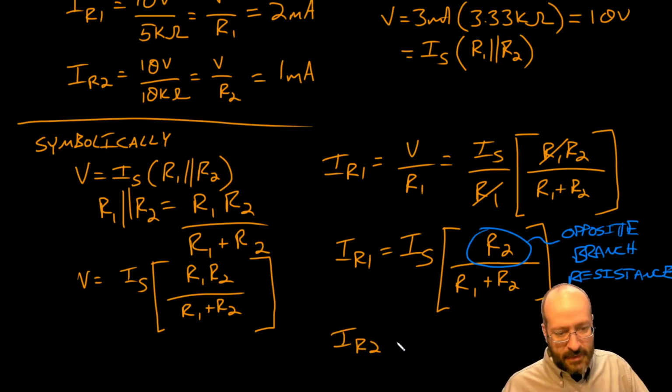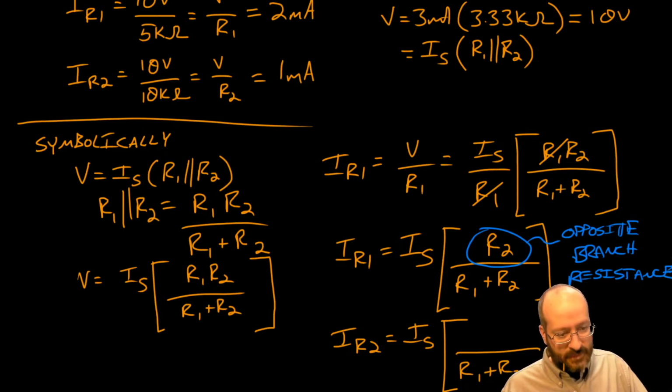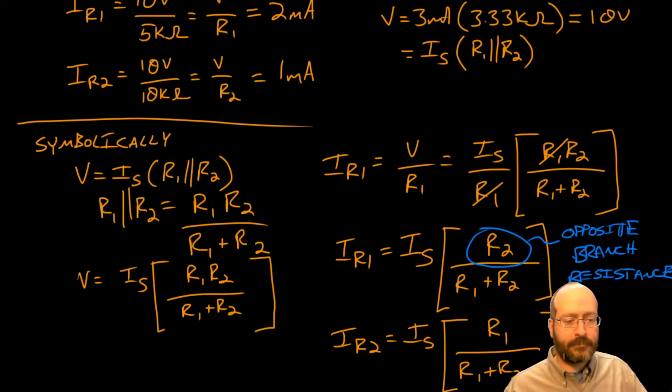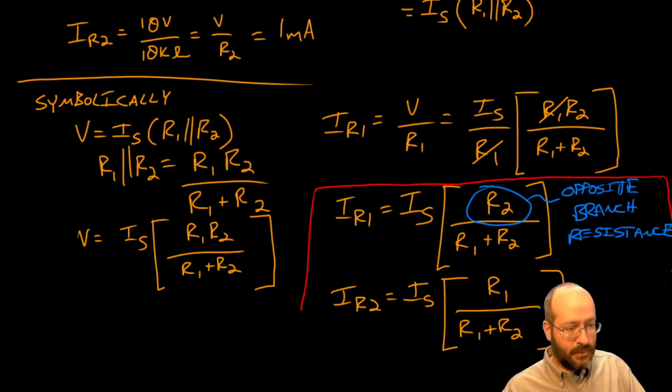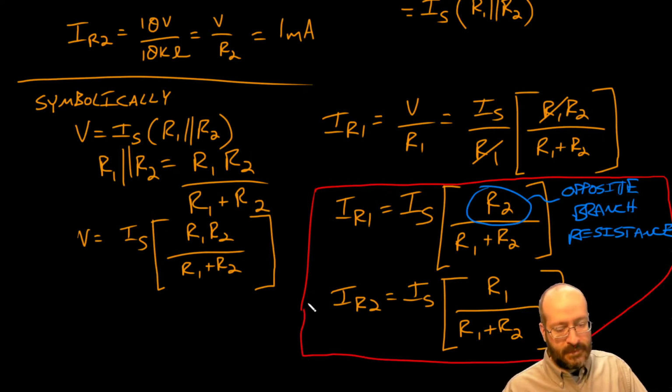Okay, IR2, it's going to look identical for the most part, right, I still have the sum of my resistances down here, but if I'm finding the current in R2, I need to multiply by R1. And that's kind of the payoff. Those are the forms of the current divider that we are going to work with.